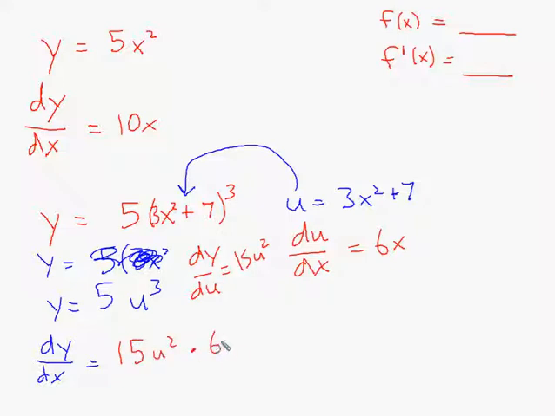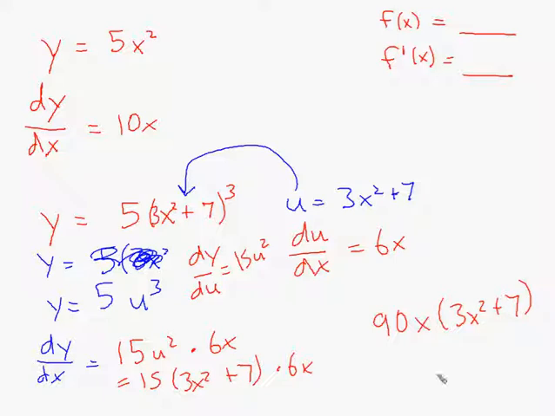Do we have time for one more? I think we do have time for one more. Let's say y is 3 times 4x cubed to the 5th. What should you let u equal? 4x cubed.